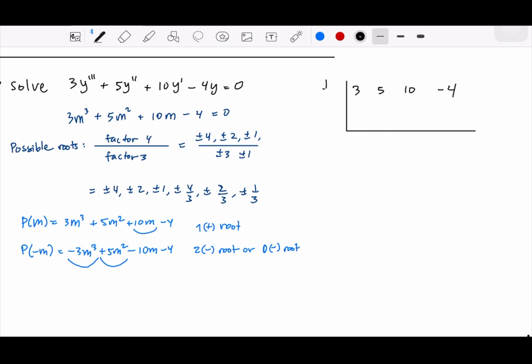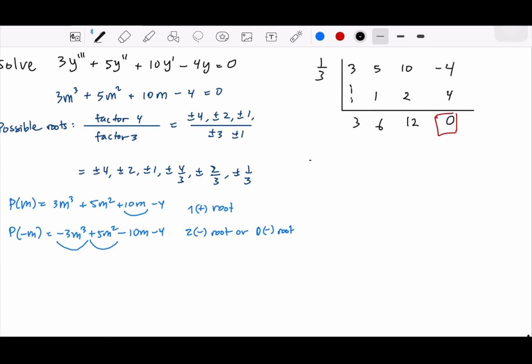So we check that this is 1, 6, 2, it becomes 12 and 4. So it's true that this is our positive root. So we are going to have m minus 1 over 3, and then multiply with 3m squared plus 6m plus 12.